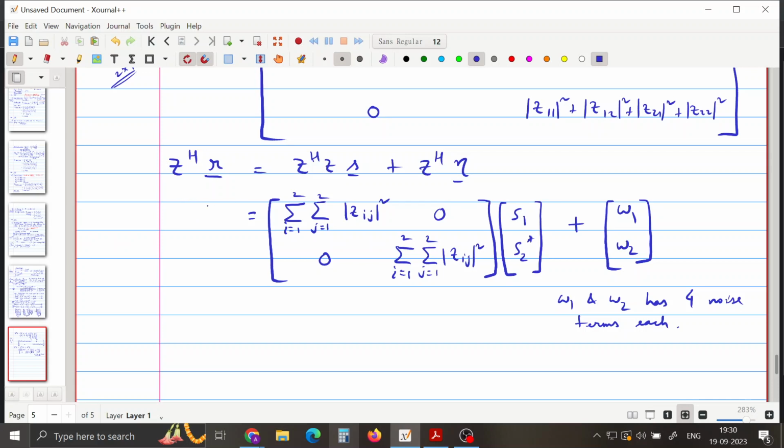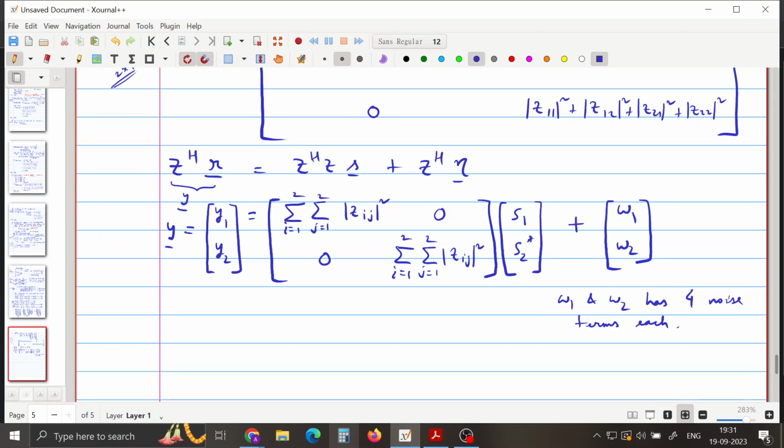now if I denote this z Hermitian R as some y vector, okay? So what I essentially have now is y vector equals this whole thing. It's a 2 by 1 vector, and I can name the entries y1 and y2.